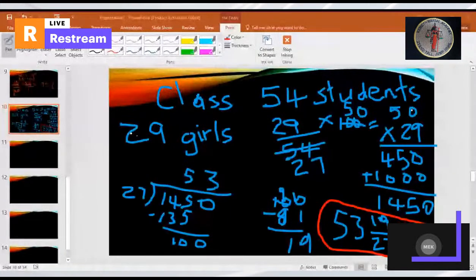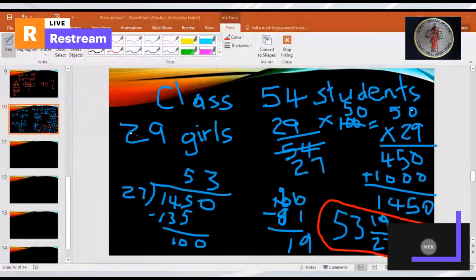Or, since we already worked out that the percentage that are girls is 53 and 19 over 27%, take that from 100%. So that would give, I think, 46 and 8 over 27%.